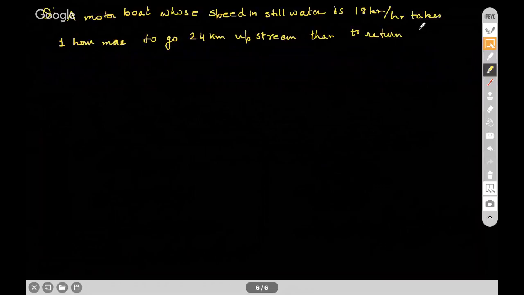It takes 1 hour more to go 24 kilometers upstream than to return downstream to the same spot.